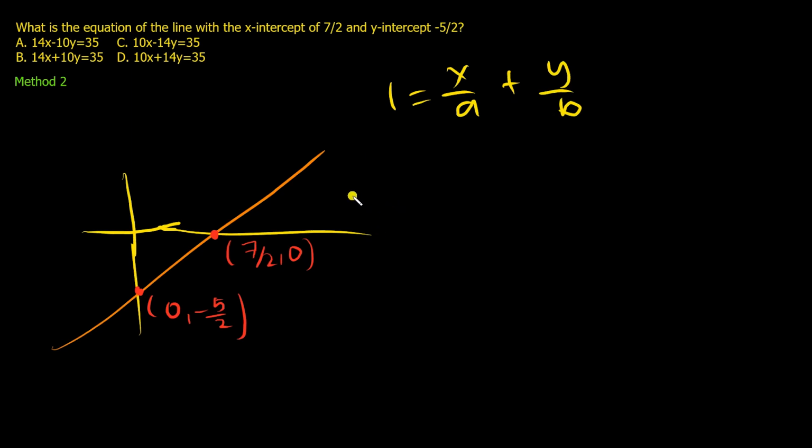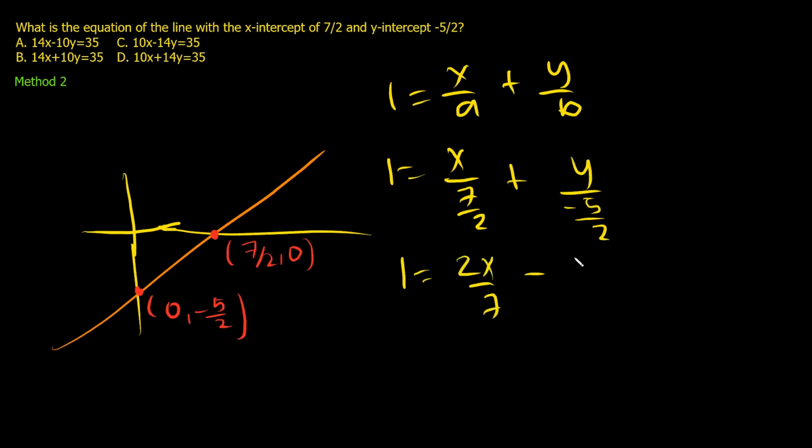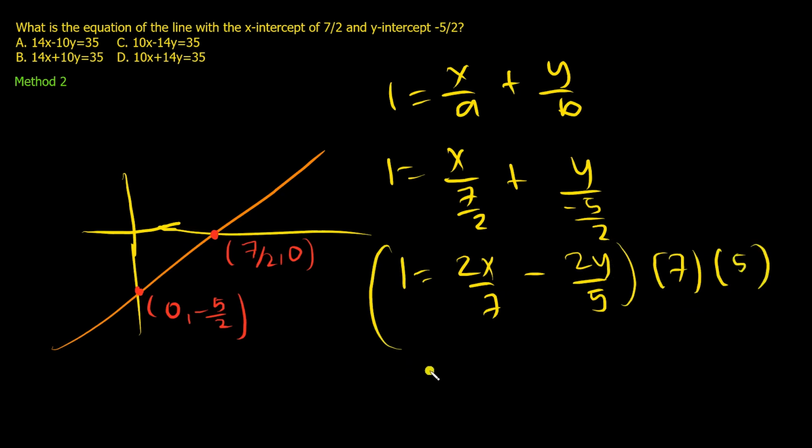So, we have 1 is equal to x over 7 over 2 plus y over negative 5 over 2. So, simplify na lang class. You have 1 is equal to 2x over 7 minus 2y over 5. So, further simplify, times 7 times 5.